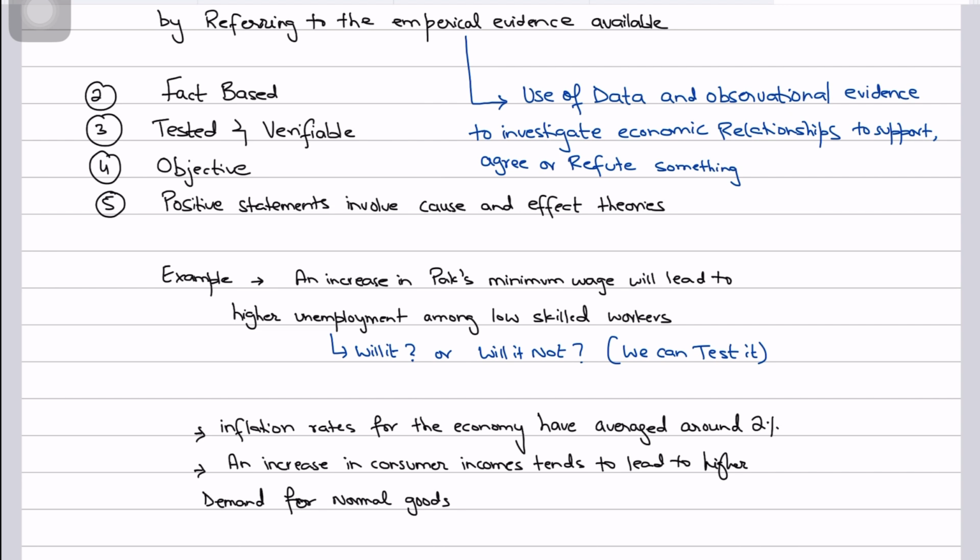For example, in Pakistan, let's say during COVID times there was a lot of recession and firms were closing. So you're saying that during the recession, firms closed down and GDP contracted by, let's say, 2%. This is a positive statement because you're identifying a cause and effect: something causing something, leading to an effect on something.